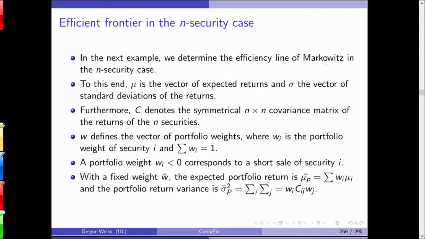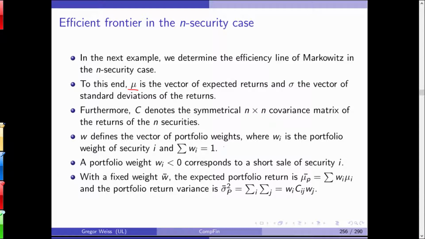Before turning to a real example with real data, I wanted to highlight some results from Markowitz portfolio theory, and you should remember this when we look at the optimization with real data. Remember, in the n-security case, what does the efficient frontier, or efficiency line, of Markowitz look like? Mu is the vector of expected returns, sigma is the vector of standard deviations, C is the symmetric n times n covariance matrix of the returns, and W is the vector of portfolio weights.